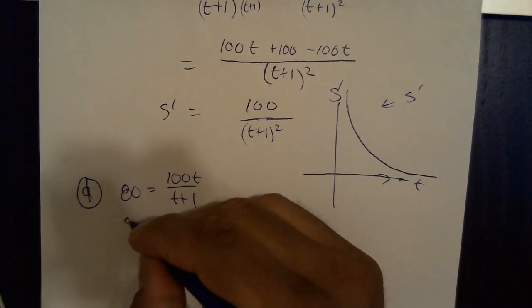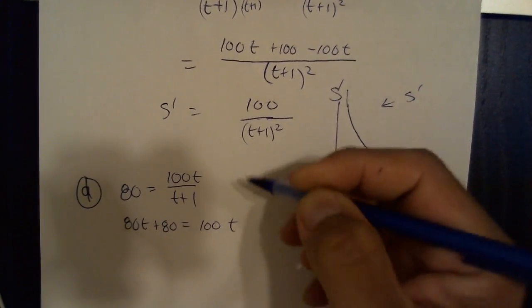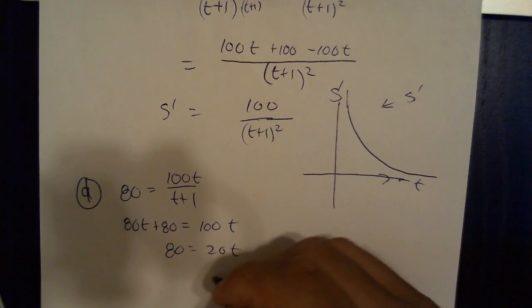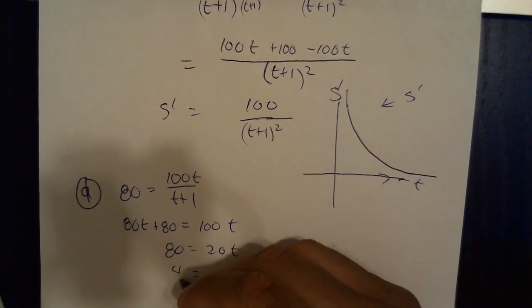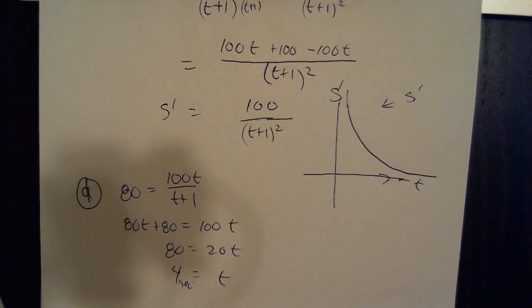You'll get something like 80t plus 80 is equal to 100t. Bring the 80 over, and t is 4 seconds. So at 4 seconds, it is 80 meters from its starting point.